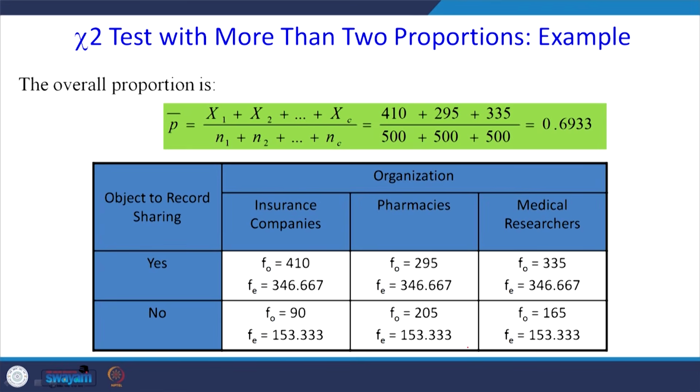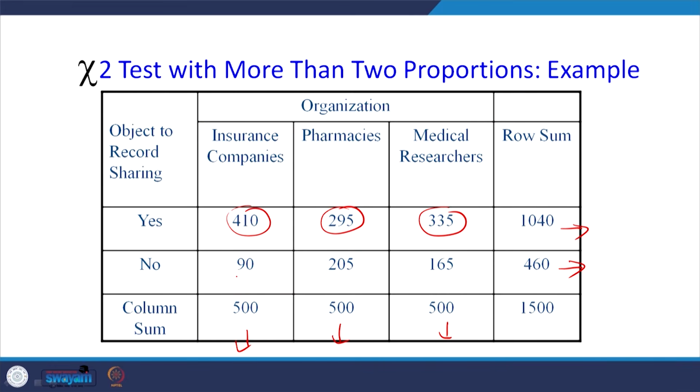Next, from the observed frequency I have to find the expected frequency. We already have the observed frequency. How will you find the expected frequency? For example, here 1040 multiplied by 500 divided by 1500.